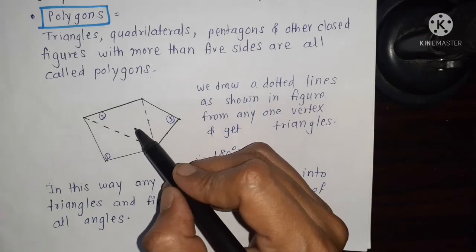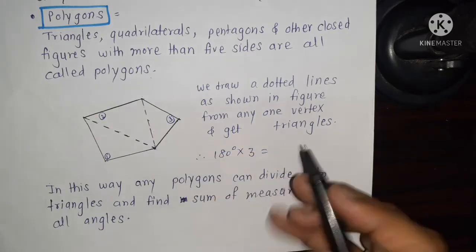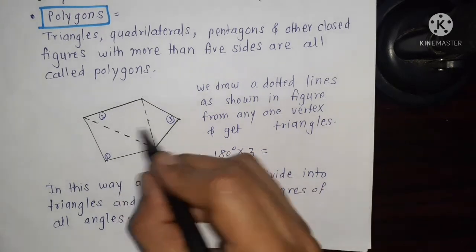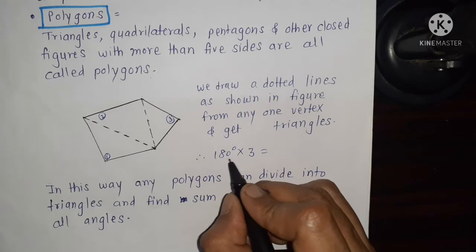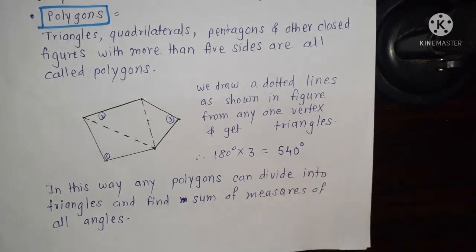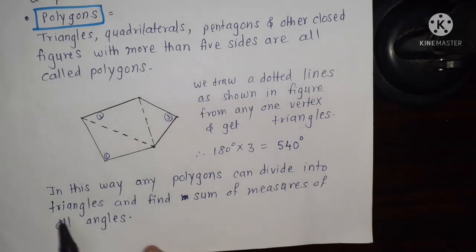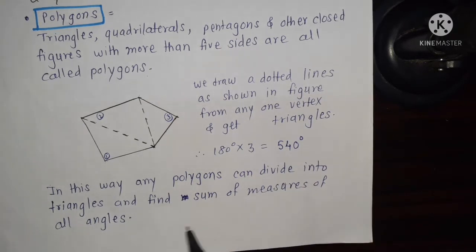In one triangle, the sum of the measures of all angles is 180 degrees. We get three triangles, so we multiply 180 degrees by 3. The answer is 540 degrees.